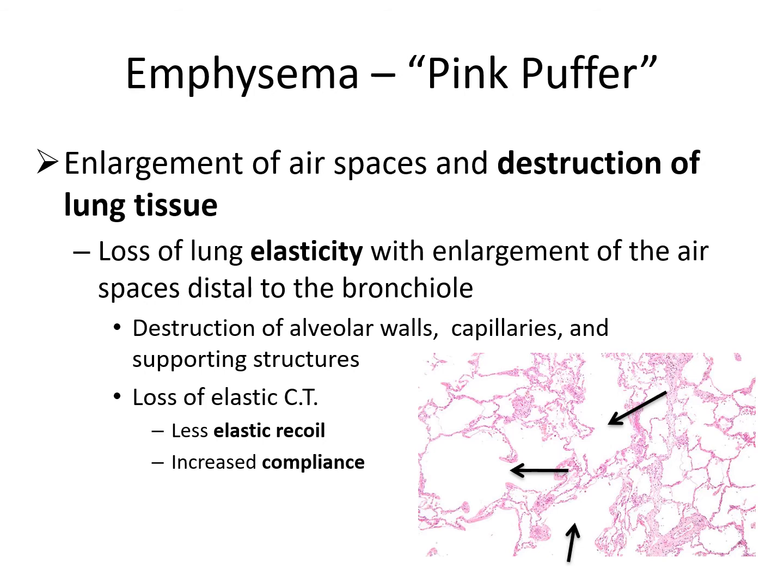We have increased compliance, which means it's really easy to breathe in, but it's very difficult to breathe out, and thus we see in those patients that pursed-lip breathing and excessive use of accessory muscles of exhalation, because we're trying to get air out, because it's hard for us to do that, which is normally an easy thing for us. We normally have to work to get air in, and air exhales with elastic recoil very, very easily. In these patients, it does not do that.